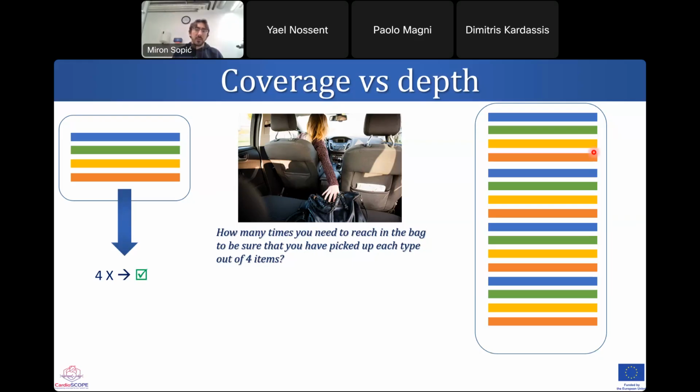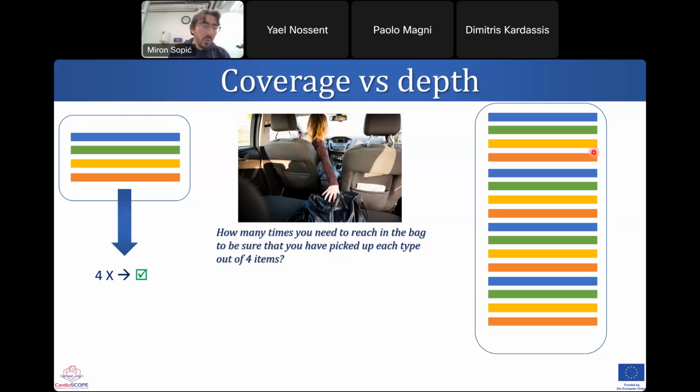There is a very low probability that out of 4 picks, you will pick 4 different things in a row. There is a much greater probability that you will pick, I don't know, 2 greens, 2 blues and 1 orange, and then you will miss the yellow one.